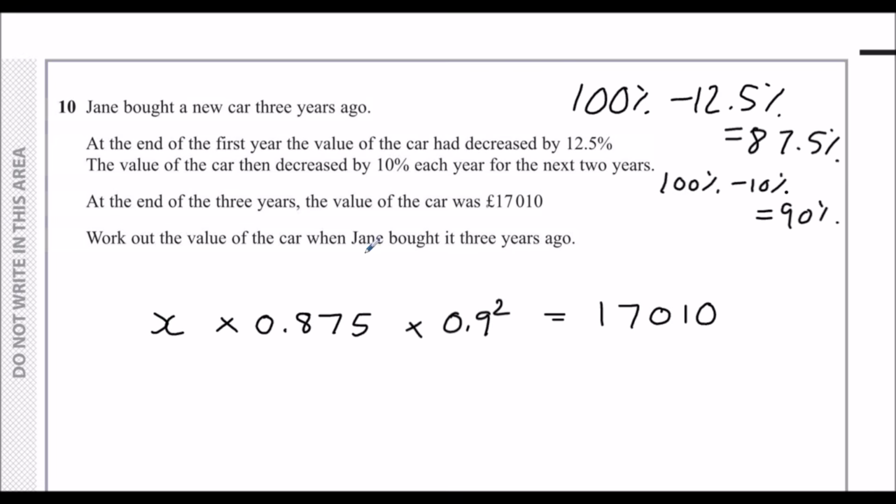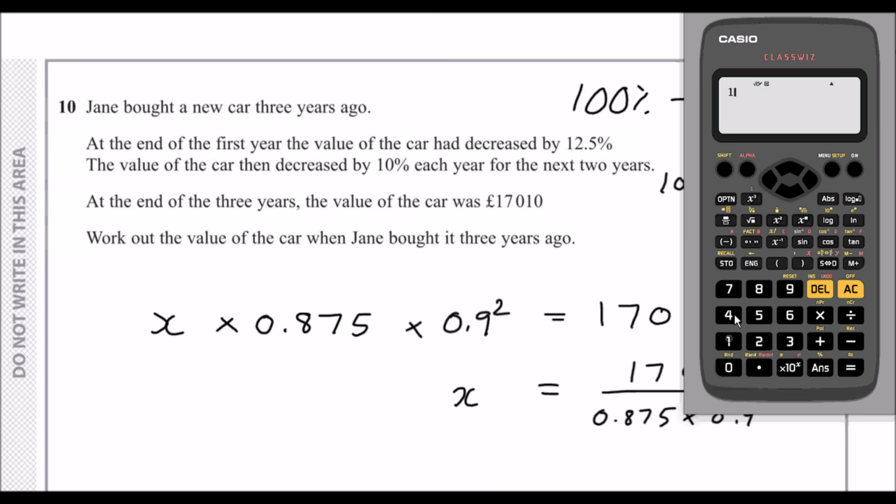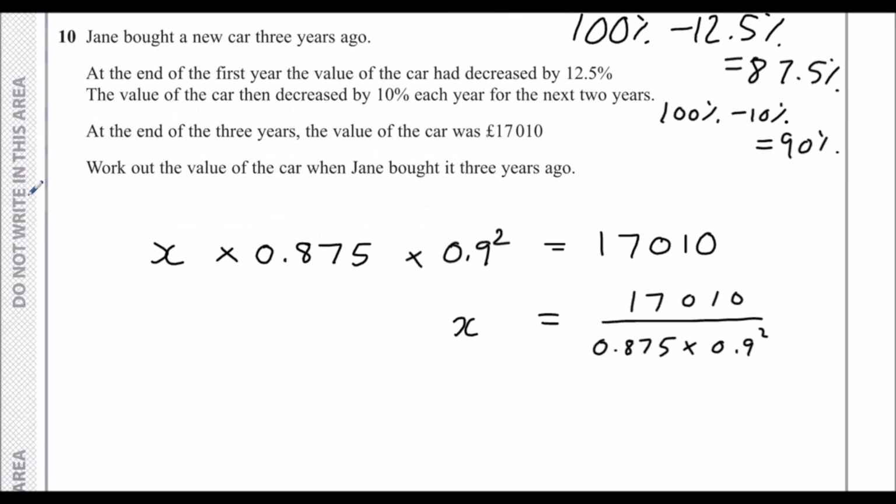Work out X. So at the moment, X is multiplied by 0.875 and 0.9 squared. So to get X by itself, we're going to divide by 0.875 times 0.9 squared. And I'm just going to type this into the calculator. And we get £24,000.